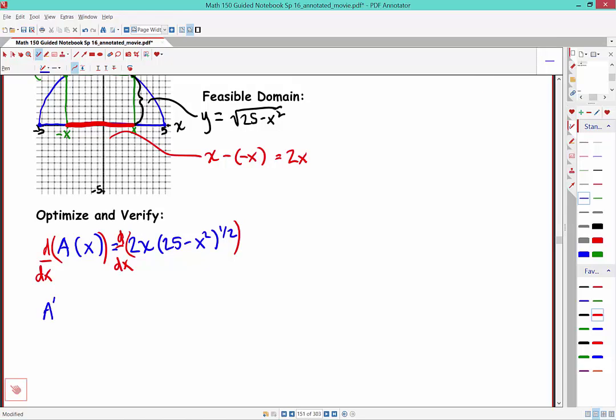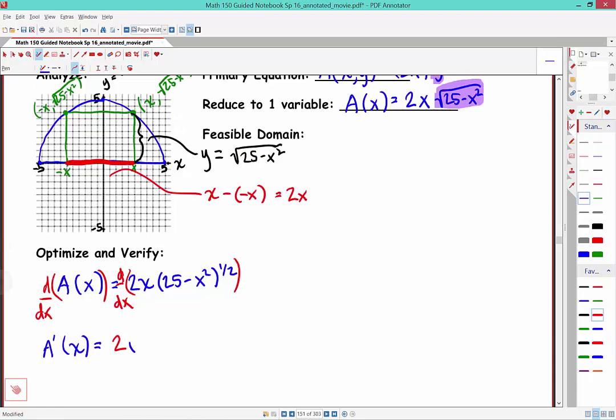So A prime of x will equal the derivative of the first, which is 2, times the second, and then plus the first times the derivative of the second.